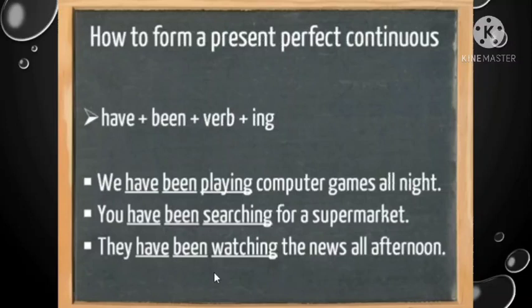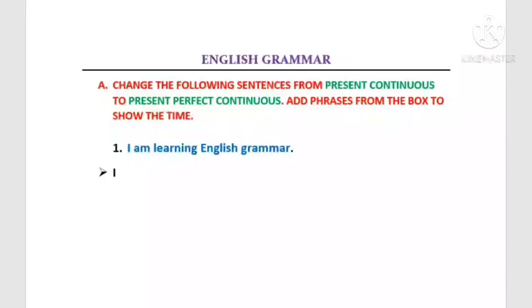If you have any doubt, any questions, you can ask me. Okay? We will now do exercise A given in the book on page 31. Here you have to change the given sentences from present continuous to present perfect continuous. There are some phrases given in the box in your book which you have to use at the end of each sentence, and you have to use the suitable phrase.